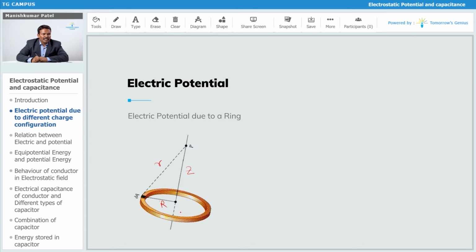Now to calculate the potential due to this ring, assume that the charge is distributed uniformly on this ring.